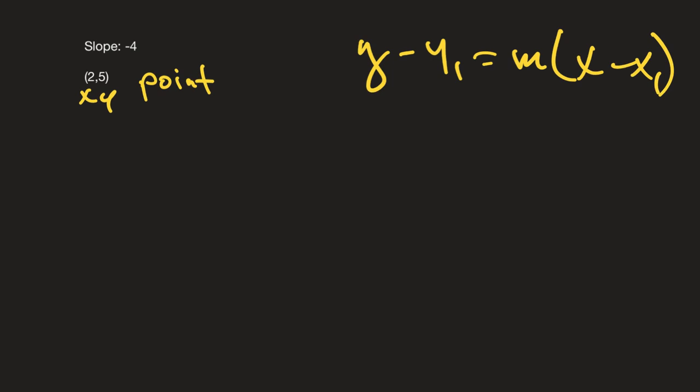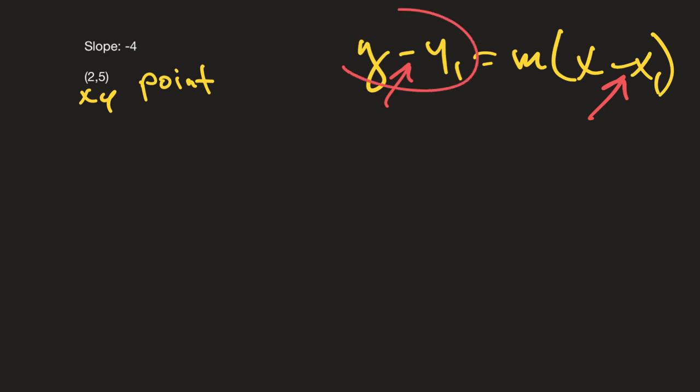Now, a couple things I want to note real quick. Kind of like slope formula, guys, those are built-in minus signs in that form. Y minus y sub 1, x minus x sub 1. Those minus signs are always there, okay? And that'll come into play in a couple more examples. But for right now, we're going to plug in an x and a y value and a slope.